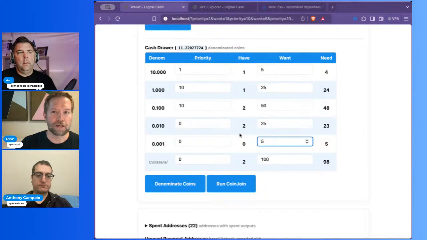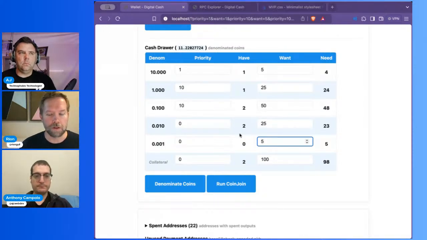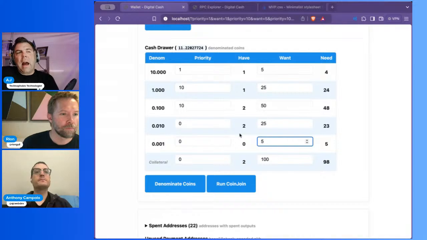Exactly. Because the wallet doesn't know, and sometimes I don't even know what size of a transaction I'm doing. So if I need to send 20 Dash, and my drawer doesn't have any 10s, I'm going to be using hundreds of coins. And right, that's what happens because this is what needs to be built in.